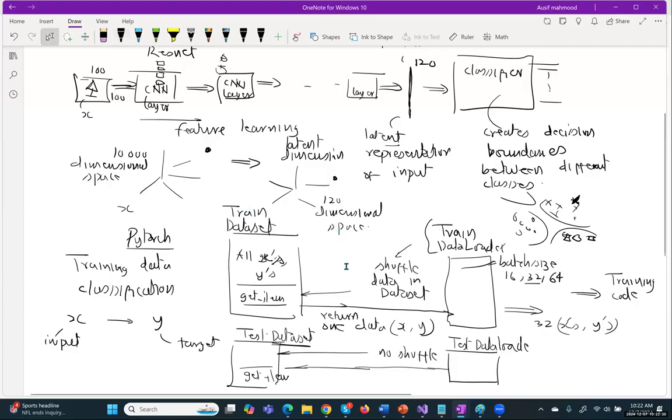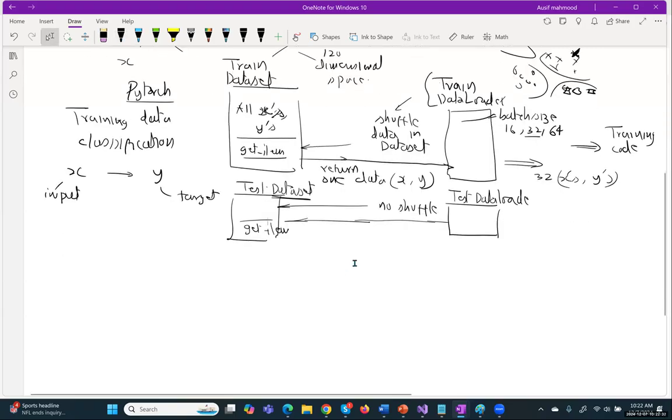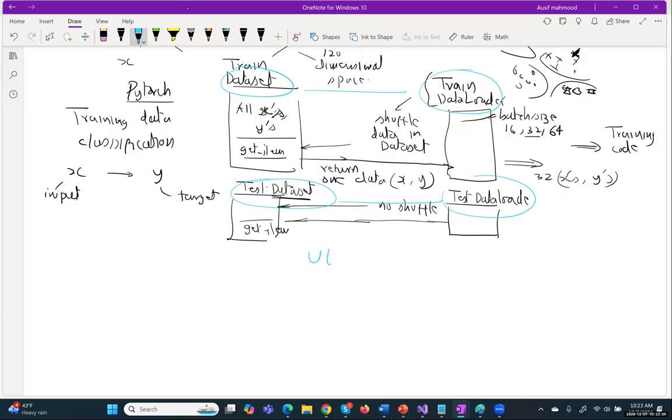Once the train dataset and test dataset have been prepared, you will associate the train data loader and the test data loader with the corresponding datasets. You will decide the batch size and whether shuffling is needed or not. Typically I write this in the utils file.